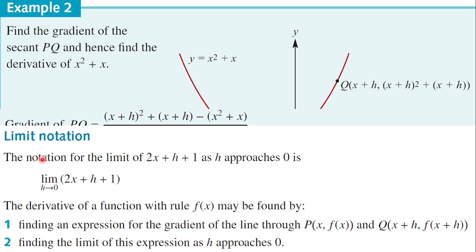Now, instead of saying as h approaches 0, then the limit of that expression becomes 2x plus 1, what we do is write lim for limit of the expression, and the as h approaches 0 is that h with an arrow towards 0.